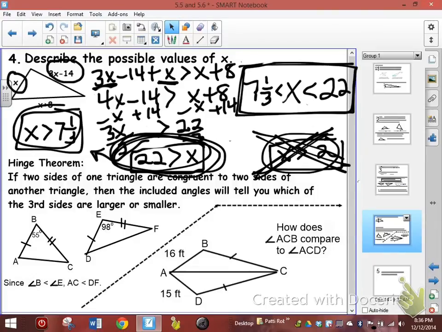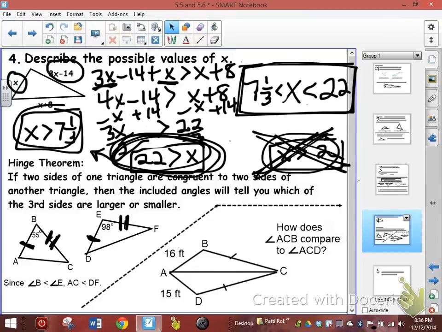Okay, the last little part of the notes is called the hinge theorem, and it's kind of a common sense one too. These deal with when you have 2 triangles, and what has to happen in the 2 triangles is you have to have 2 sides that match up. So notice here, length AB and length DE are shown to be congruent, and then BC and EF are shown to be congruent.